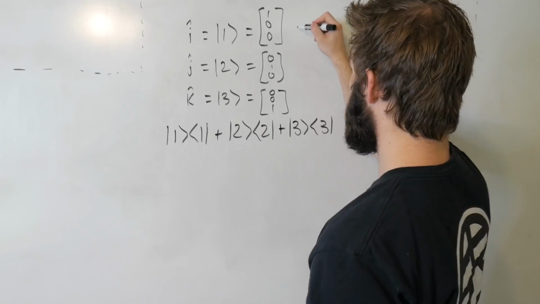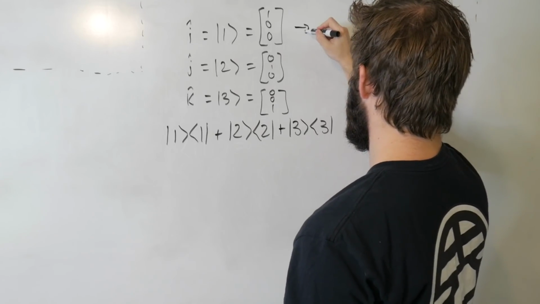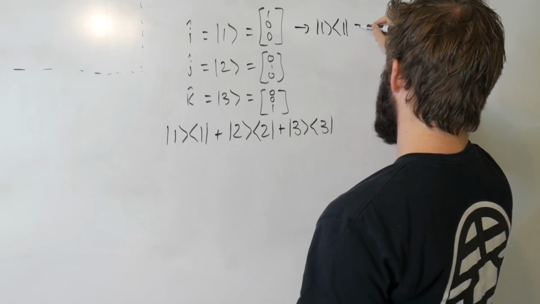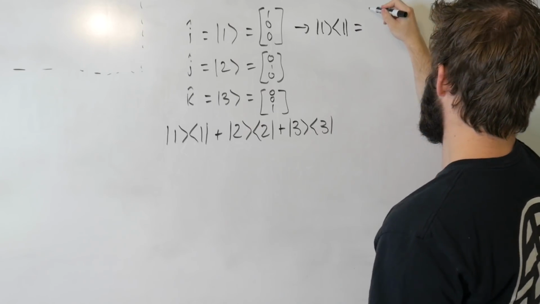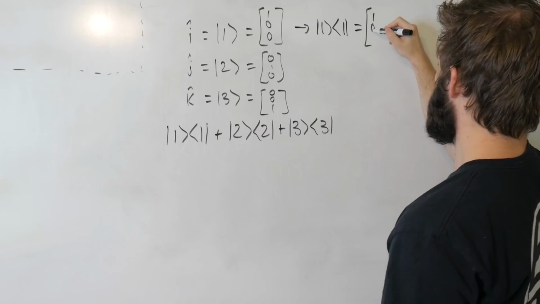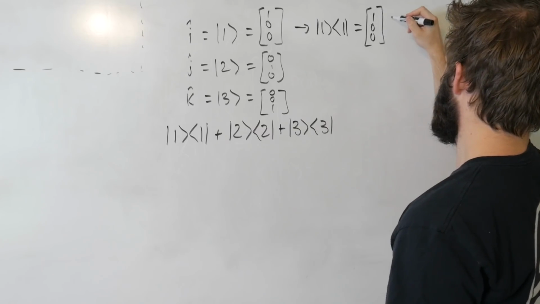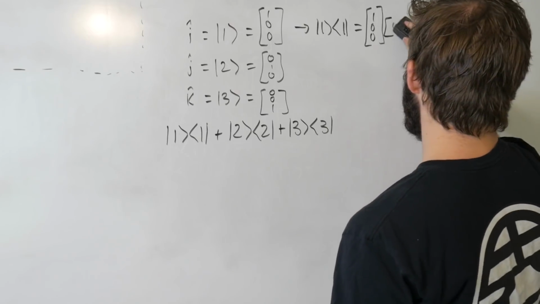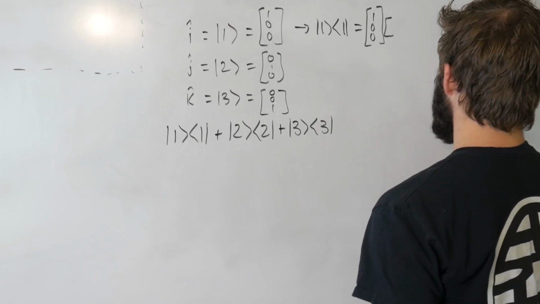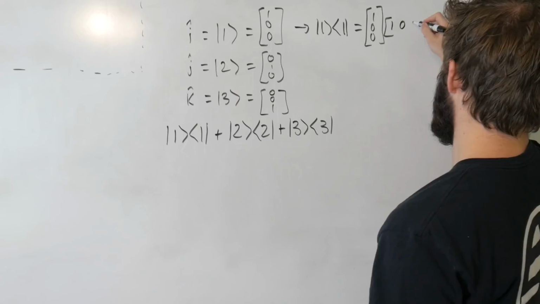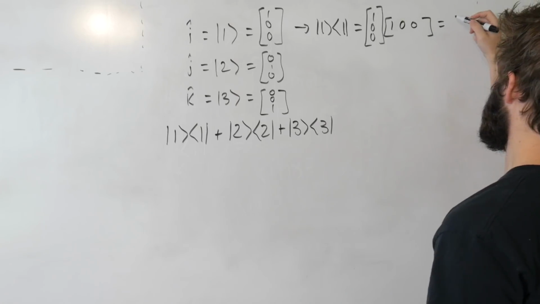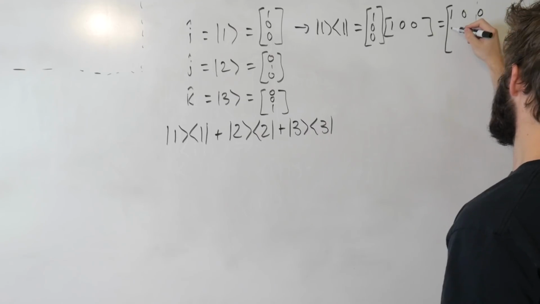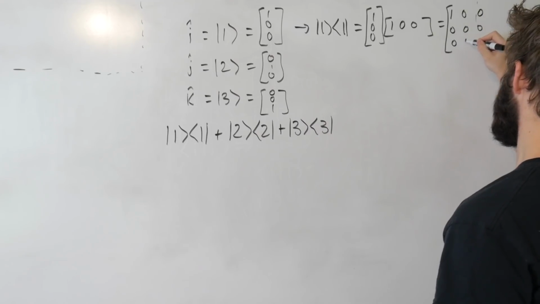So |1⟩⟨1| is going to equal the ket vector 1, 0, 0, times the bra 1, 0, 0, which is going to give us a square matrix of 1, 0, 0, 0, 0, 0, 0, 0, 0.